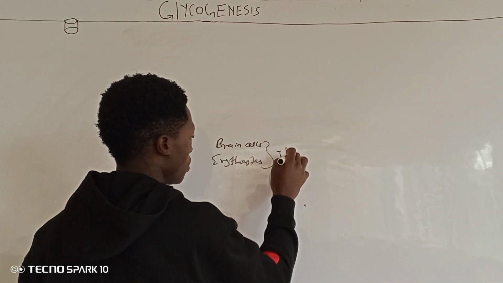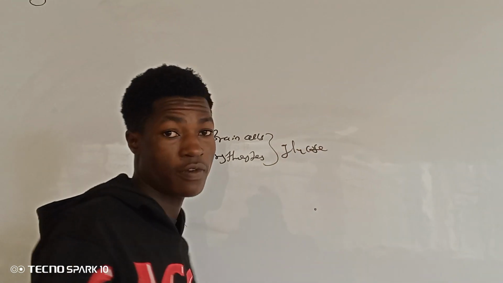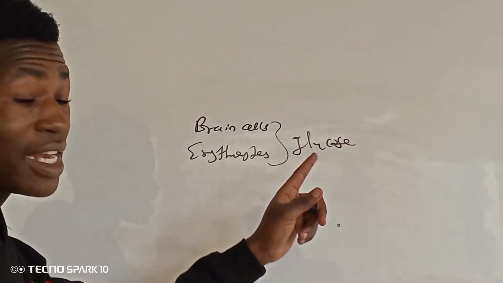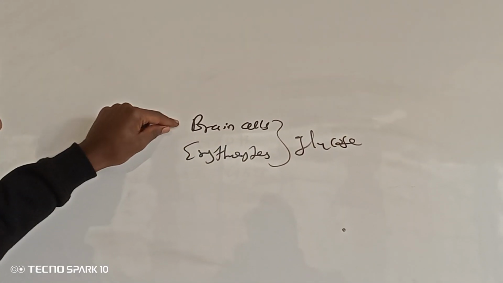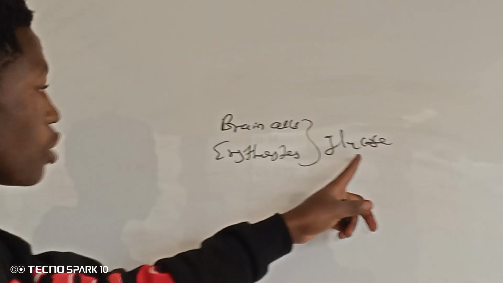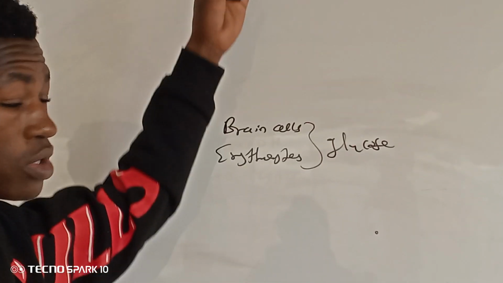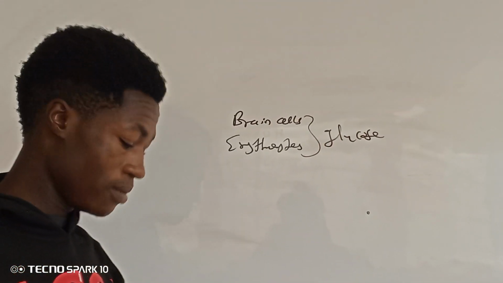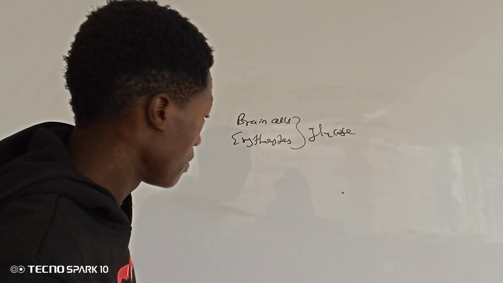These cells entirely depend on glucose as the source of energy. So we need to make sure that there is always adequate glucose, because our brain cells must never stop working. So when there is excess glucose, we can find a way of conserving some in a form that can be accessed later.